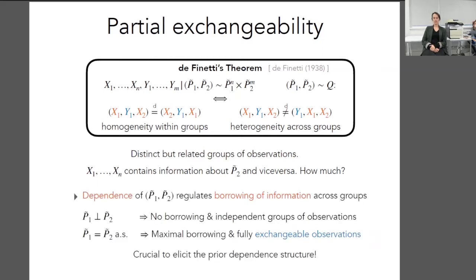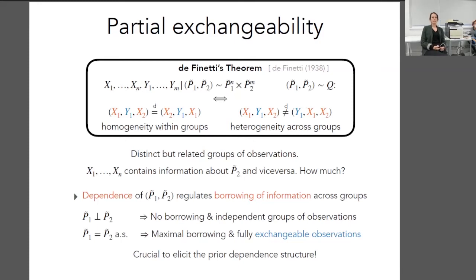And well, it turns out that this is encoded in the dependence structure between these vectors of random probabilities. So we can think of two extreme situations. When the random probabilities are independent, there will actually be no borrowing of information across different groups. And this corresponds to the case where you have independent groups of observations.